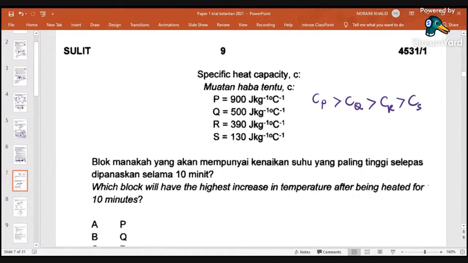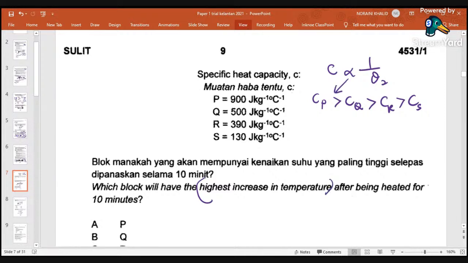Okay, specific heat capacity. So the relationship between, just now we already showed that c relates to theta 2, the final temperature. So which one has the highest increase in temperature?